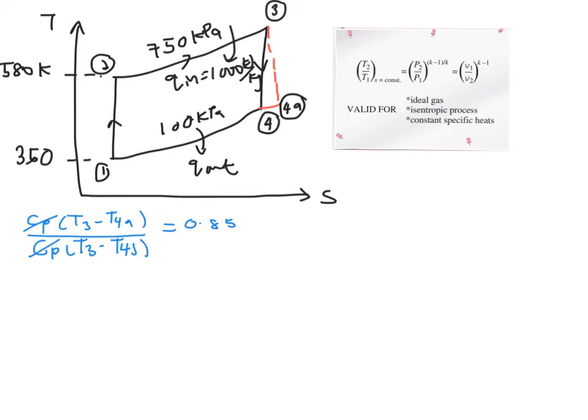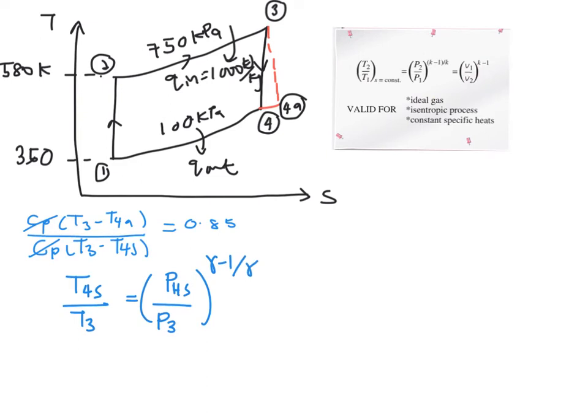So you have T4S over your T3, which is equal to P4S over your P3, to the power of gamma minus 1 over gamma.